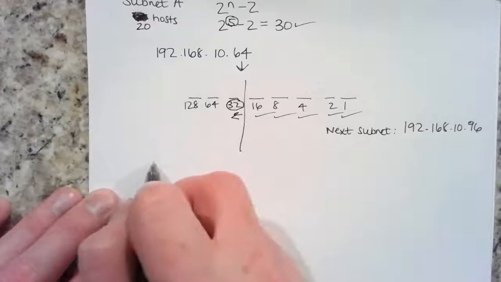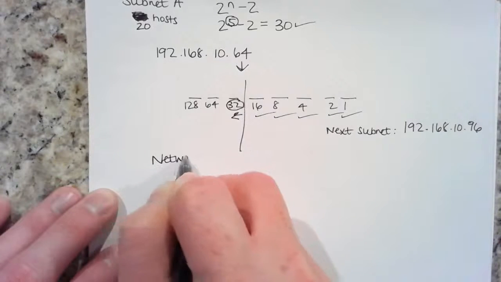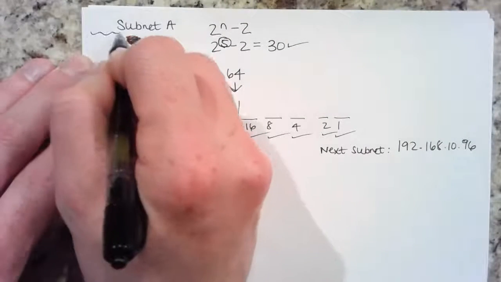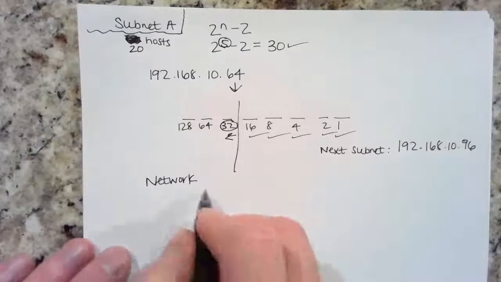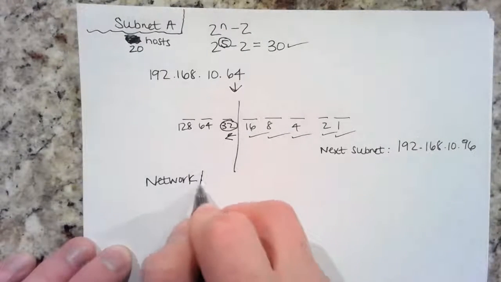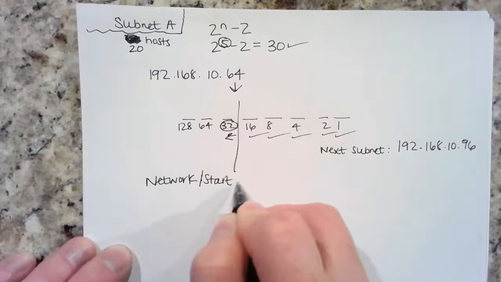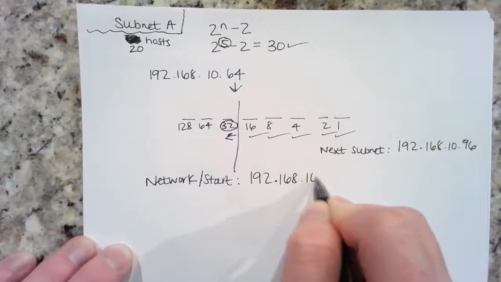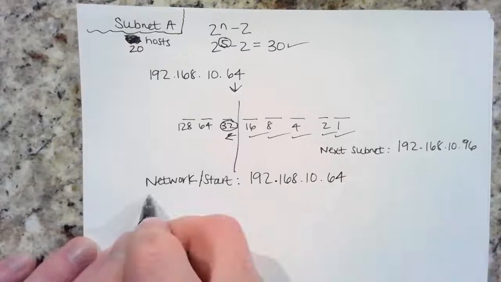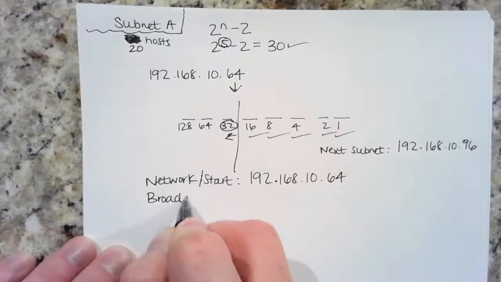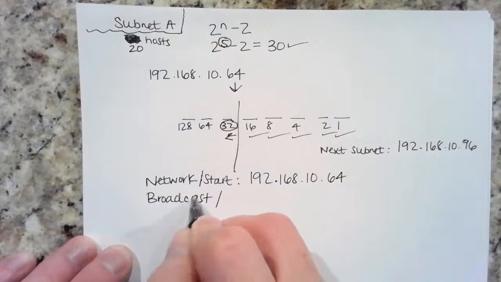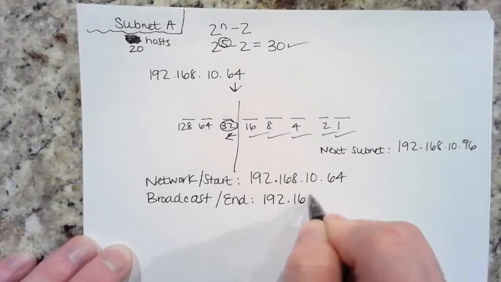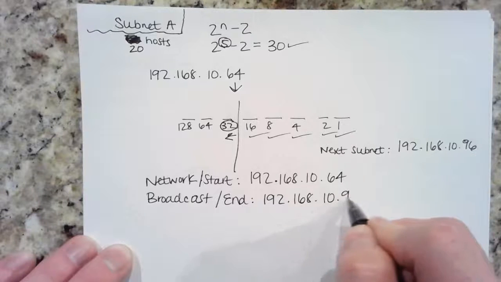So, all right, our network address or our start to subnet A, okay, we're working with subnet A here. Our network or starting address is going to be 192.168.10.64. Our broadcast or our end is going to be 192.168.10.95.